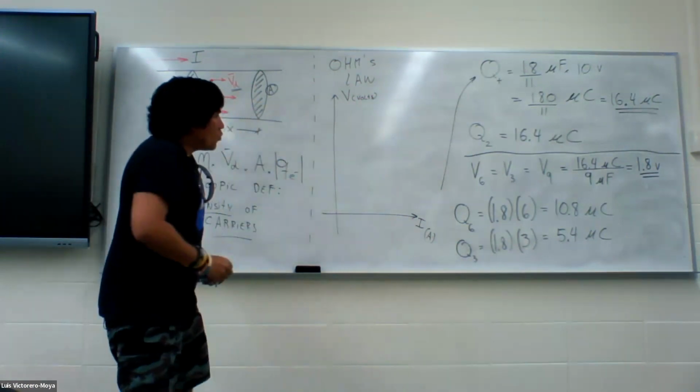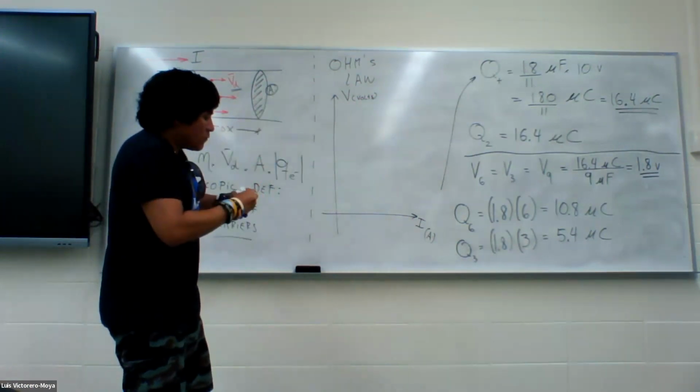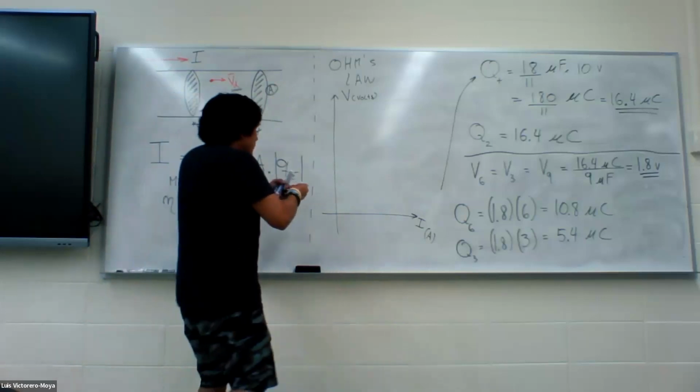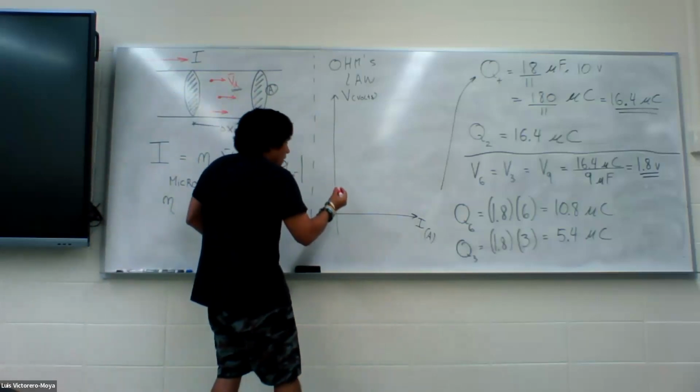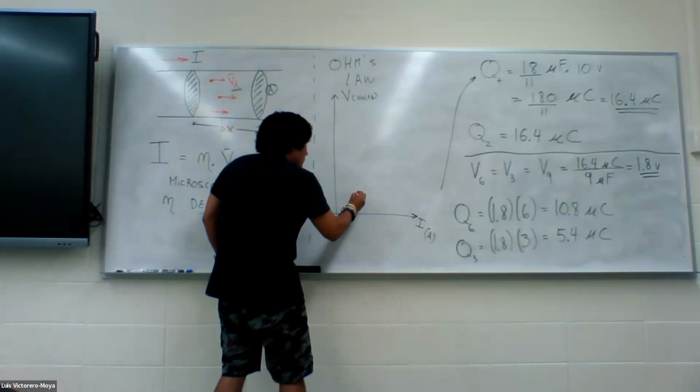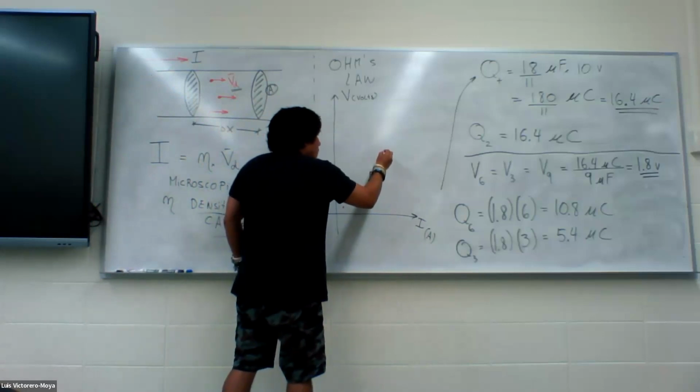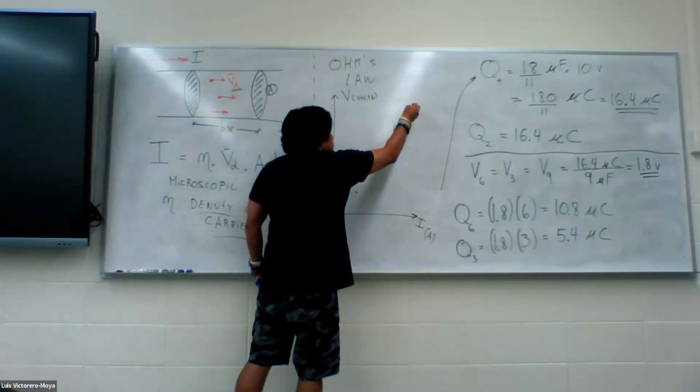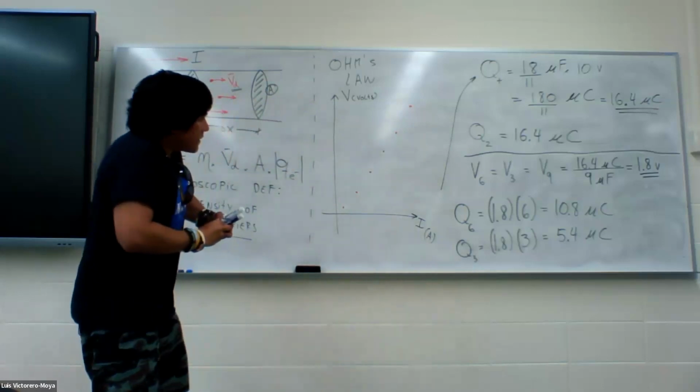If you plot these two in the X and Y axis for an ohmic material, you're going to find this. So what do we see here? We see a linear trend.